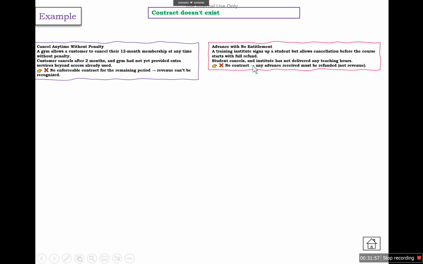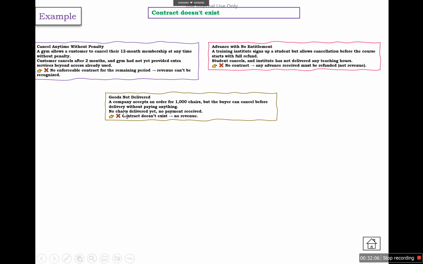In this case, the student cancels and the institute has not delivered any teaching hours. So it is not a contract as per Ind AS 115. In another example where goods are not delivered, a company accepts an order for 1000 chairs, but the buyer can cancel before delivery without paying anything. So it is not a contract because the buyer can walk away at any time.